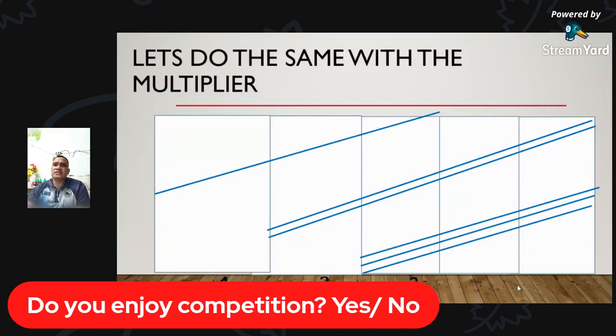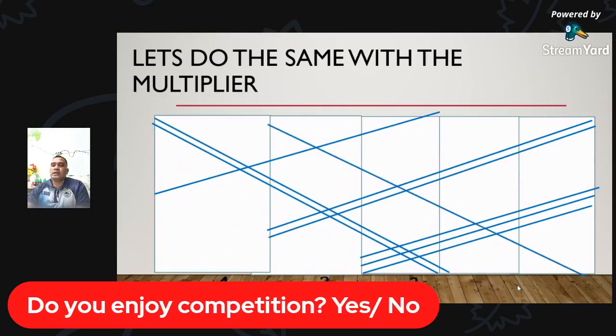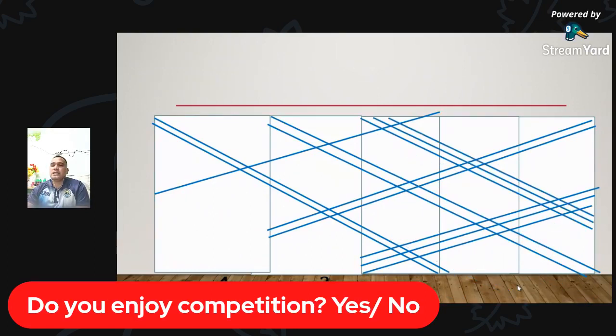Let's do the same with the multiplier: 2x squared plus 2x plus 3. So now we have a representation of x squared plus 2x plus 3 multiplied to 2x squared plus 2x plus 3.